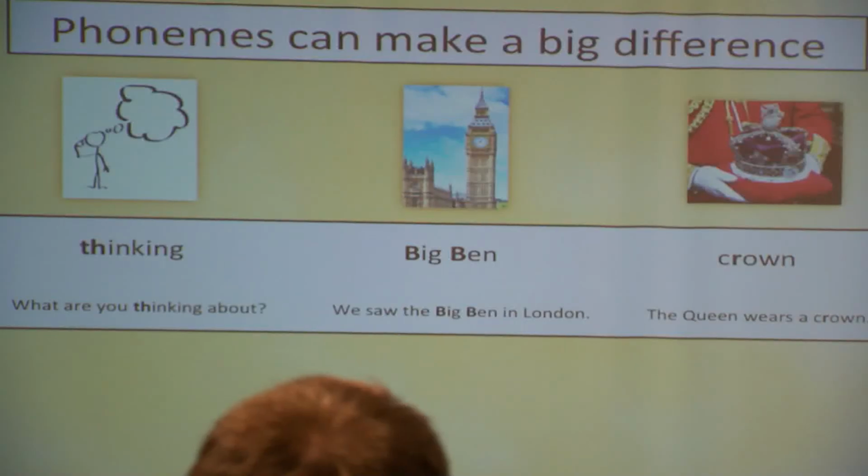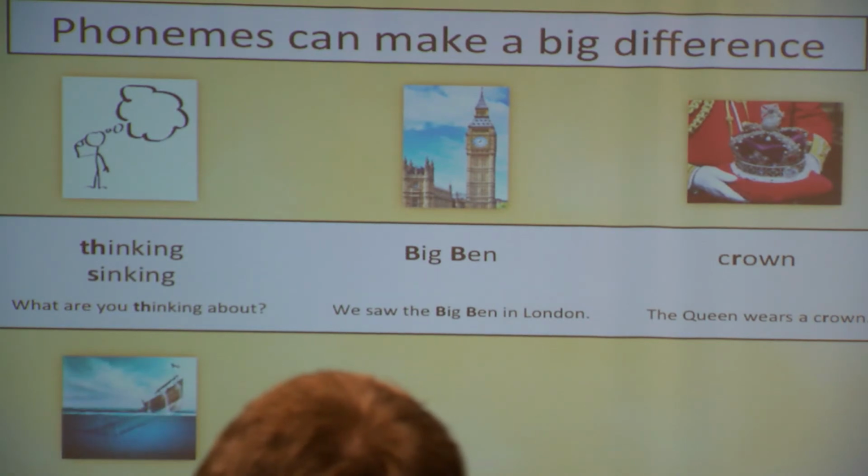For example, thinking, Big Ben, and crown. If you change even just one phoneme, the result will be very different. What are you thinking about? We saw the pig pen in London, and the Queen with a clown. We can all see the problems with that.